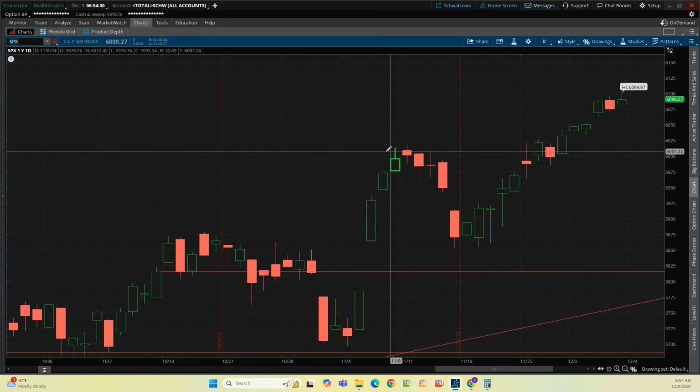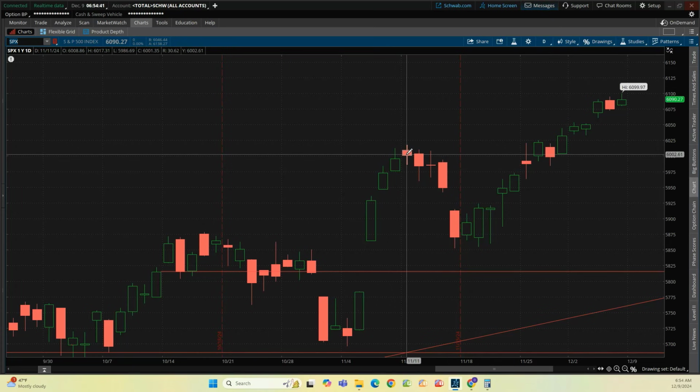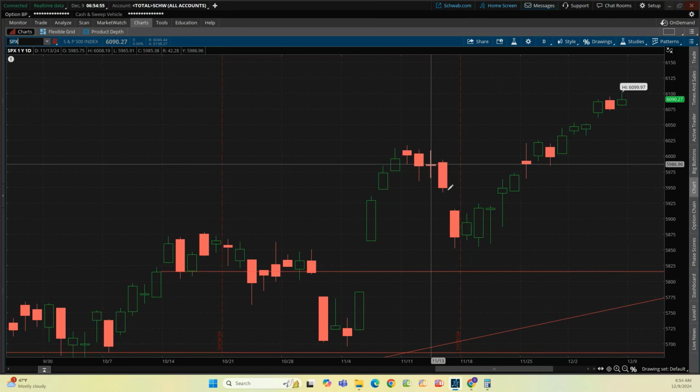So really not a lot of time spent above 6,000 back here after initially closing above it. Closes can be very important, and only having one close above that round number is not a great sign of strength. And we can see it did roll over afterwards.